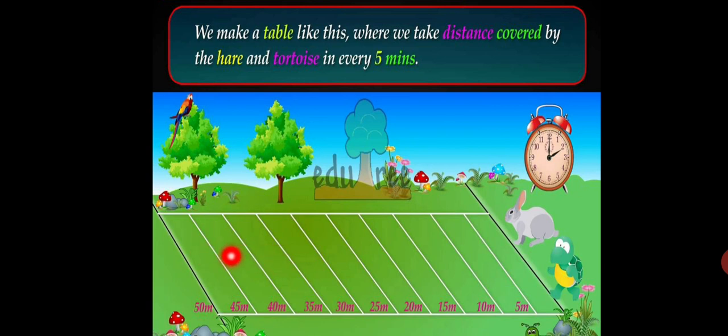So every distance is having a difference of 5 meters, right? And the hare and the tortoise, in every 5 minutes we have to see what they are covering. So when we see that they cover, now you can see every one is having a 5 meter difference. And the time is also what? 5 minutes. So when we see equal distance in equal intervals of time, that is the uniform motion.